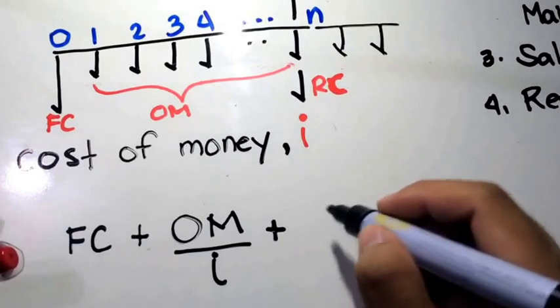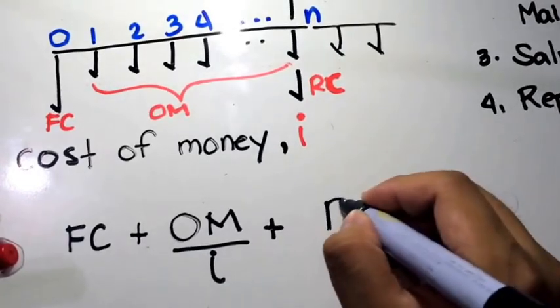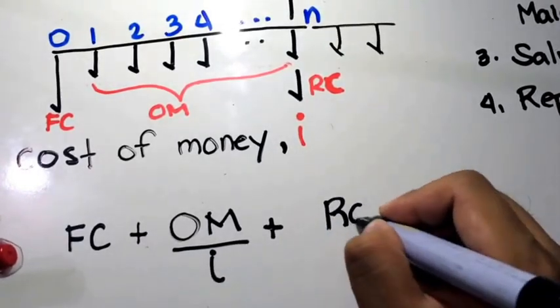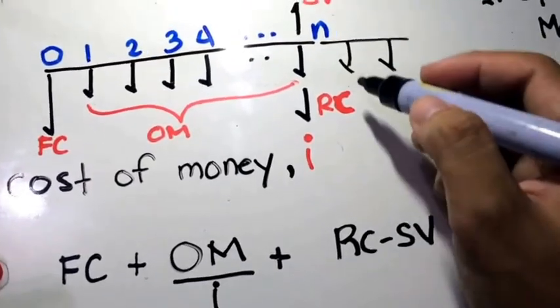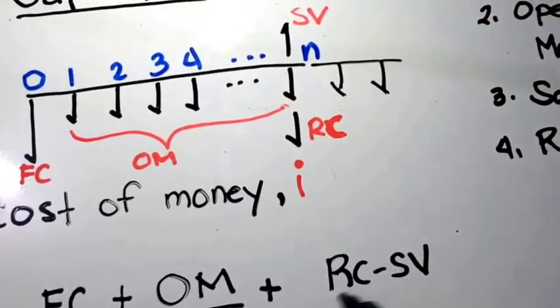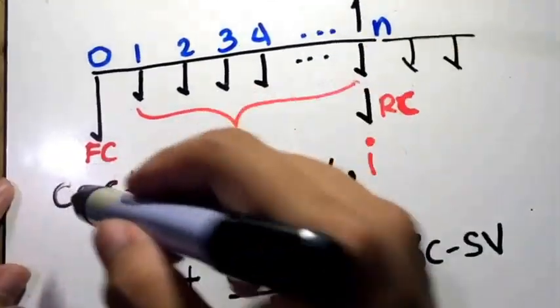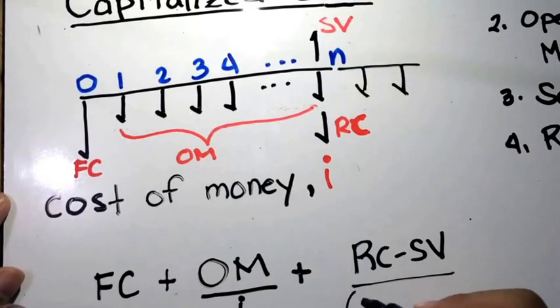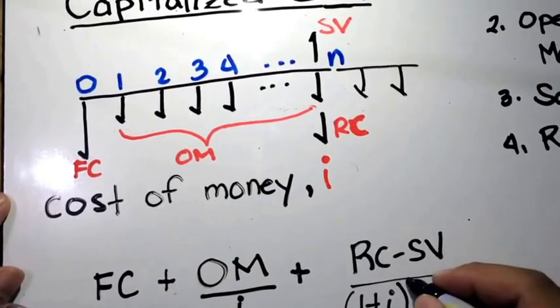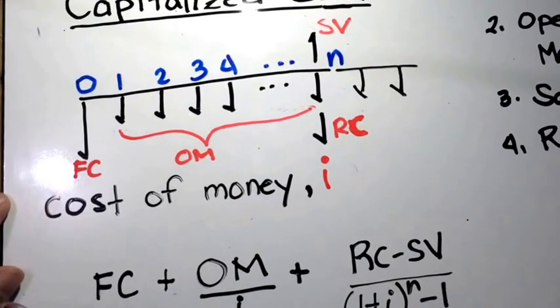So in terms of cost, that is replacement cost minus salvage value, and we take the present worth of these two, so we divide it by 1 plus I raised to n minus 1.